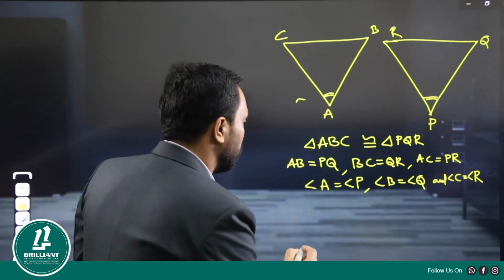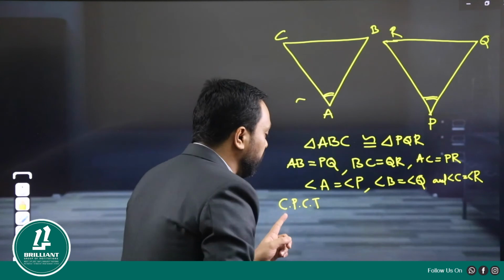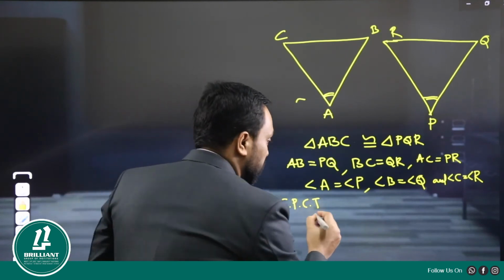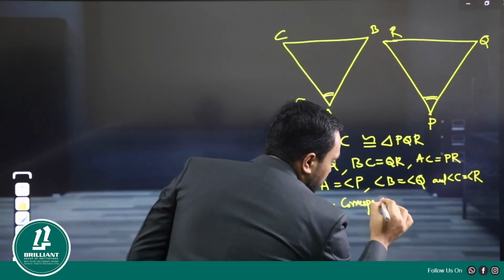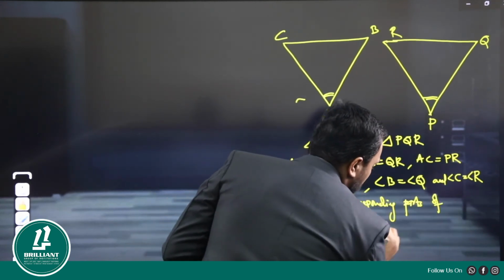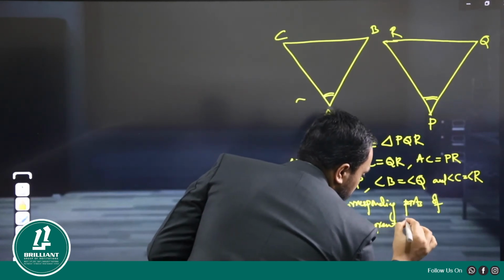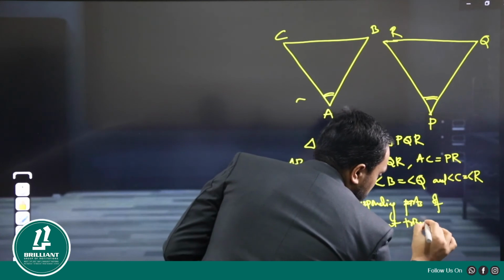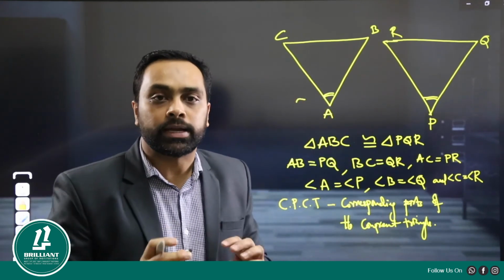So here we can see all the sides as well as all the angles are correspondingly equal. This is what is called CPCT, corresponding parts of congruent triangles.